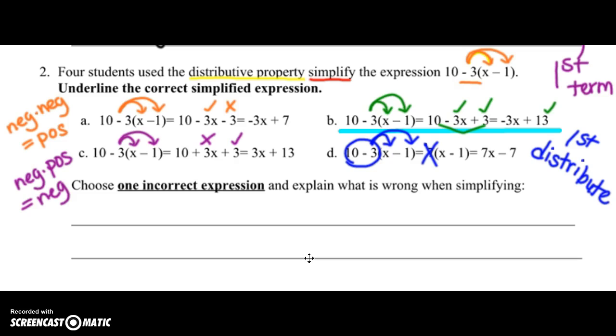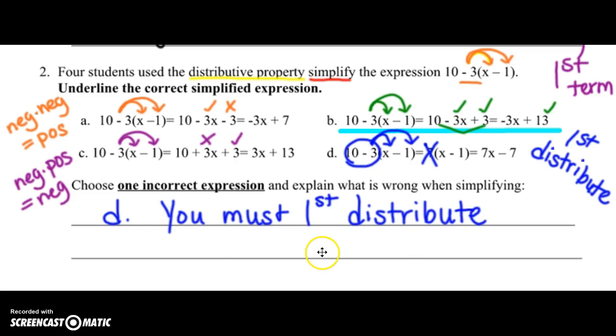Okay. In option D, it's a little more intricate than that. First, we had to distribute because multiplication goes before the subtraction in the order of operations. So I'm going to write an explanation for option D. First, you must distribute.